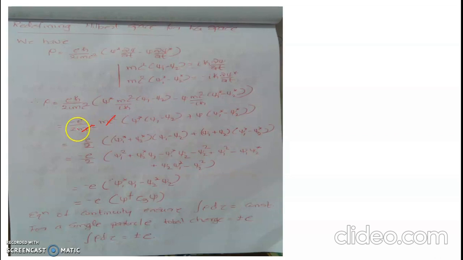To make it, minus e/2 into ψ*, that is (ψ1* + ψ2*) into (ψ1 − ψ2) plus (ψ1 + ψ2), that is ψ into (ψ1* − ψ2*).